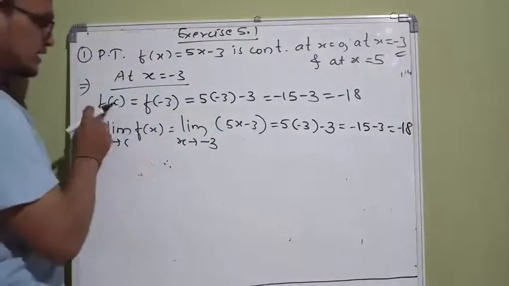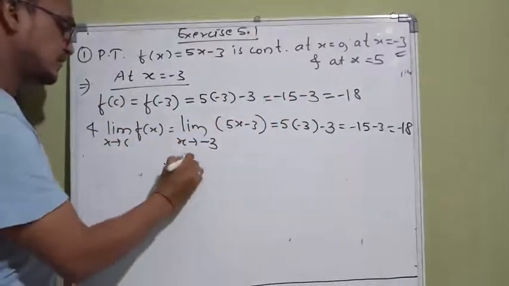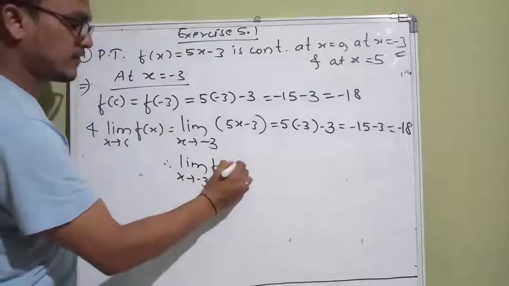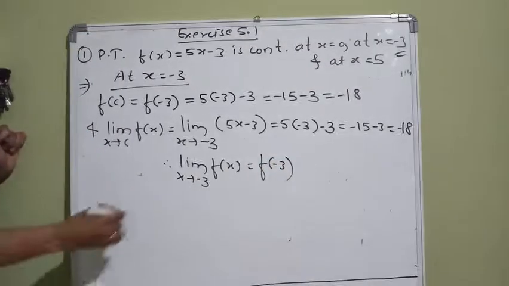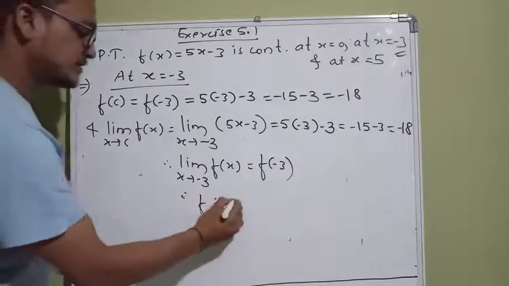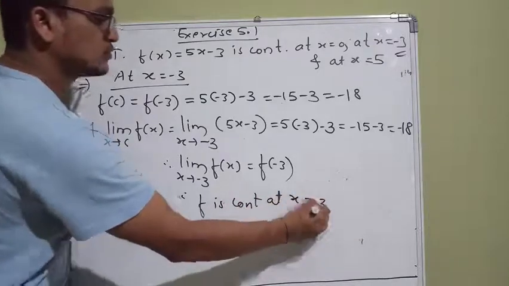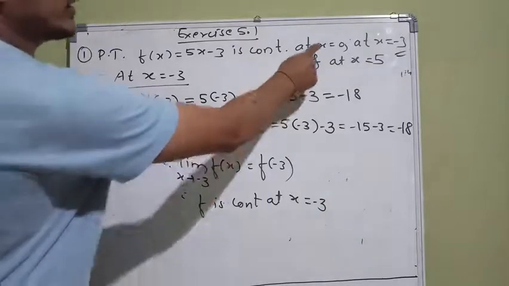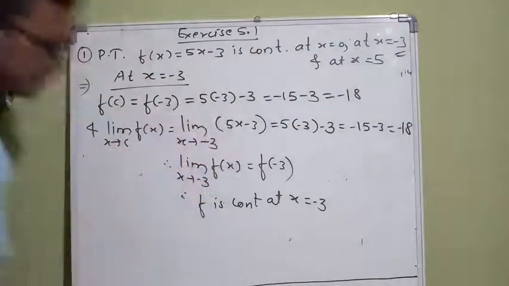Therefore the f of c value and the limit value are both the same. So limit x tends to minus 3, f of x is equals to f of minus 3. Therefore f is continuous at x is equals to minus 3. You check it for x is equals to 0 and x is equals to 5.